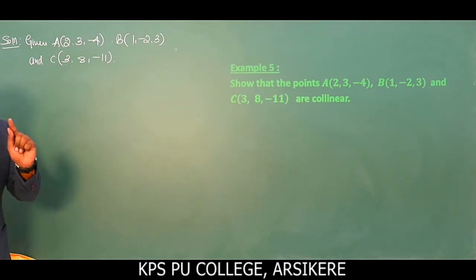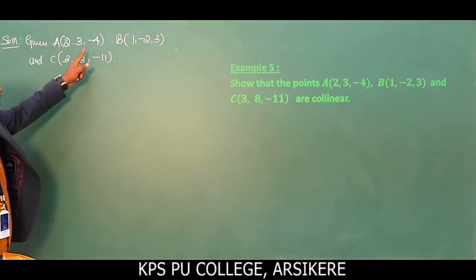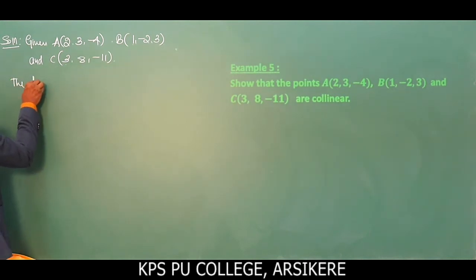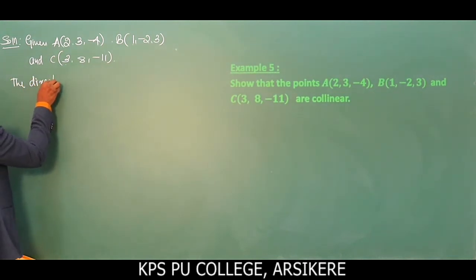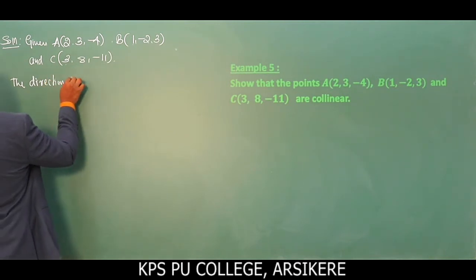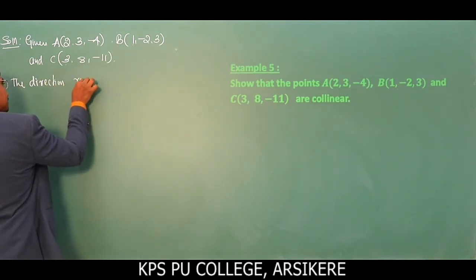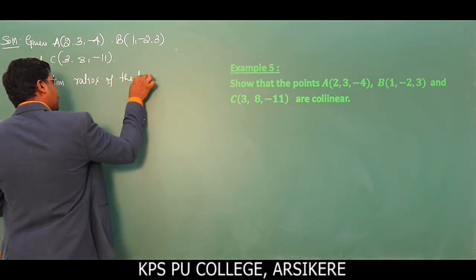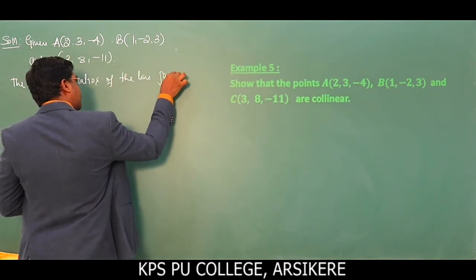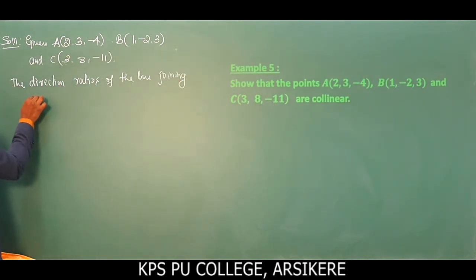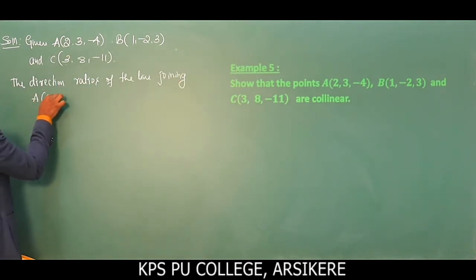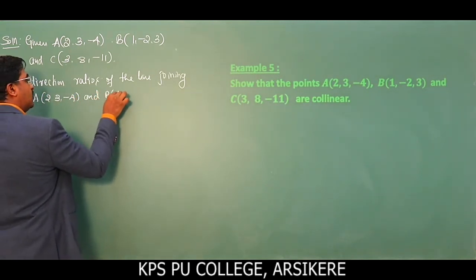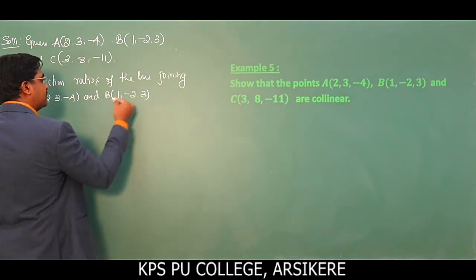Here we need to find the direction ratios of the line joining these 2 points. So the line joining the first point A of 2, 3, -4, and point B 1, -2, 3.